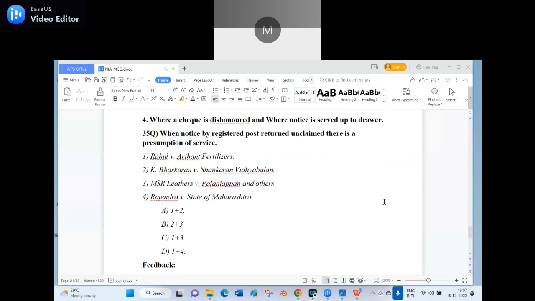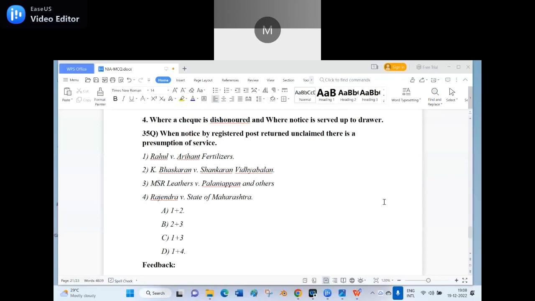B, 2 plus 3. C, 1 plus 3. D, 1 plus 4. Suppose a registered post is unclaimed. The presumption is that it is served. And which case law decided that? The option is 1 plus 2.